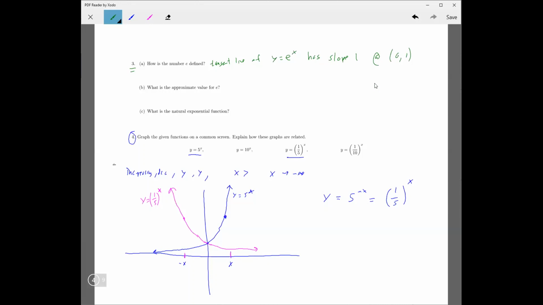So that's how they define it in this book, which is, by the way, the first time I've ever seen any math book define it that way. But it works, of course.